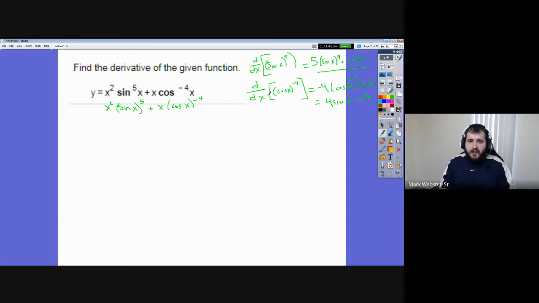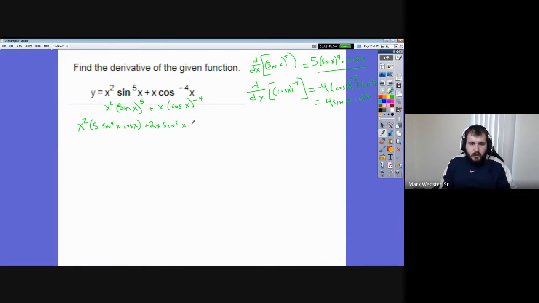But now that we've done this, this is going to be a lot easier because we've got all the hard work done. So look, left d right plus right d left, right? So left d right: x squared times 5 sine to the fourth x cosine x, plus right d left, 2x sine to the fifth x.